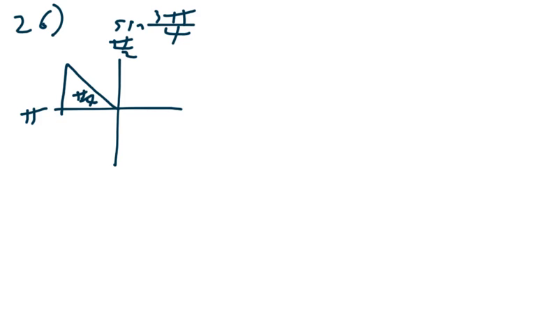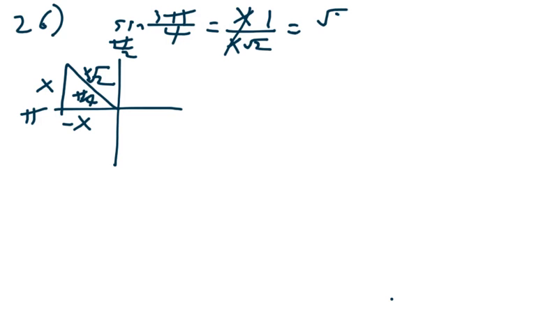So this is a 45 degree triangle, and that's going to be x square roots of 2. So the opposite is x, the adjacent is x, the hypotenuse is x square roots of 2. So this gives me an answer of 1 over the square root of 2. However, when we rationalize it, we multiply the top and bottom by the square root of 2 over the square root of 2, which gives me the square root of 2 over 2.